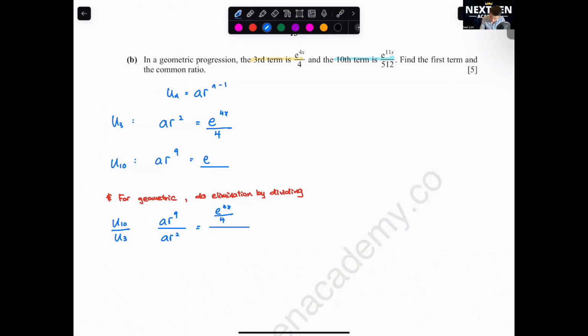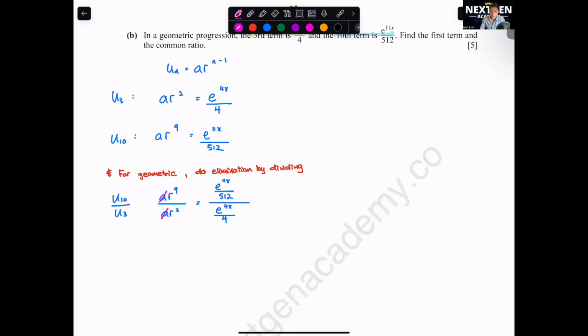This one is e to the power of 11x over 512, over e to the power of 4x over 4. Okay, why do I do this?